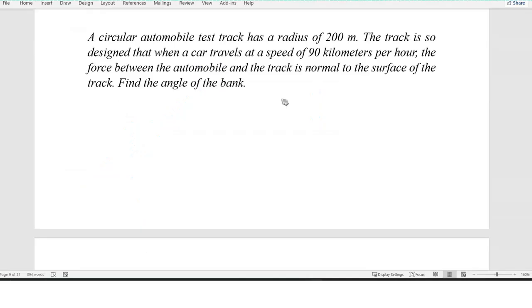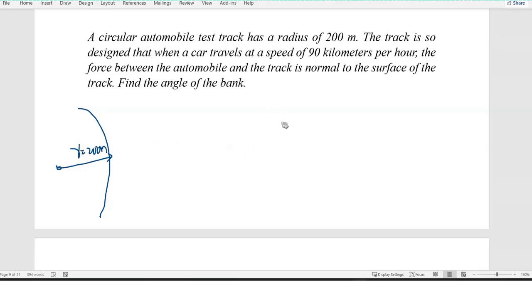So in this discussion, we are going to look at a problem on circular motion, and we are told that a circular automobile test track has a radius of 200 meters. So from the center to here is 200 meters.